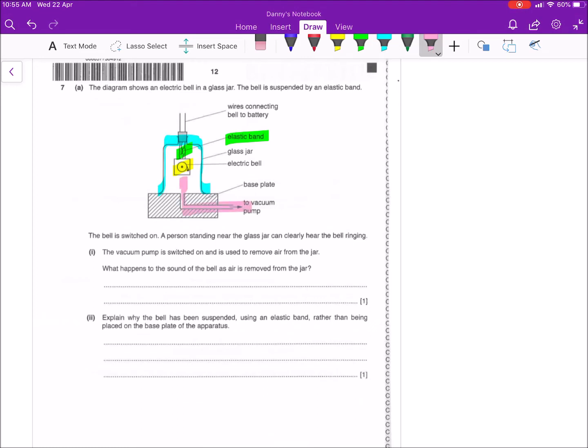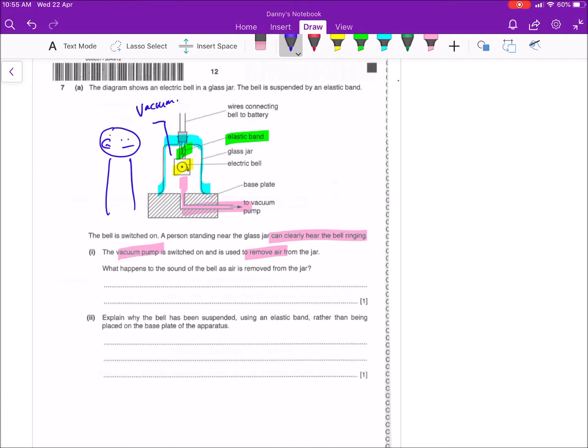Now they are saying that if the vacuum pump is not on, you can actually hear the bell ringing. But if the vacuum pump is on and it removes the air, then they want to know what happened to the sound. If you are standing outside, will you be able to hear any sound from the bell if the air has been removed and now there is a vacuum?